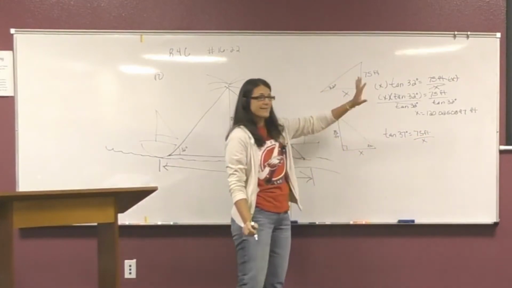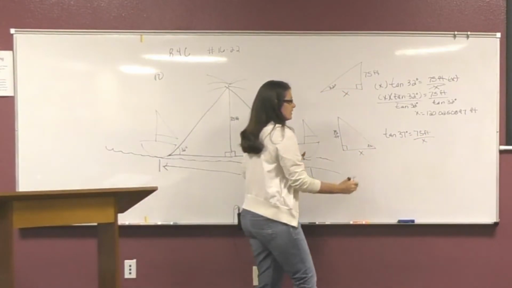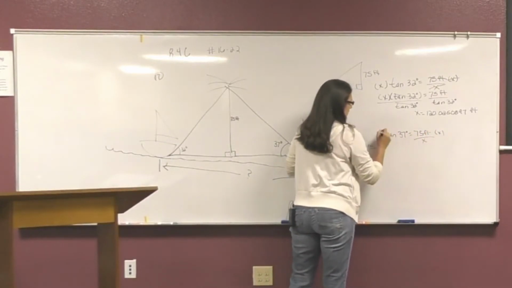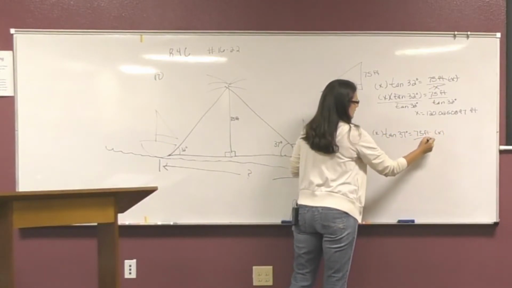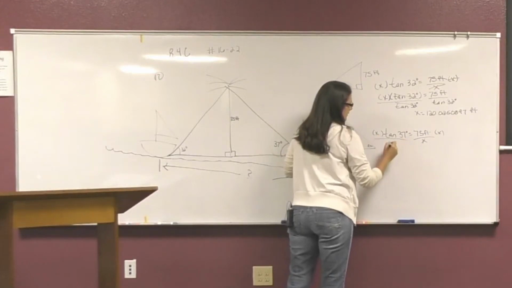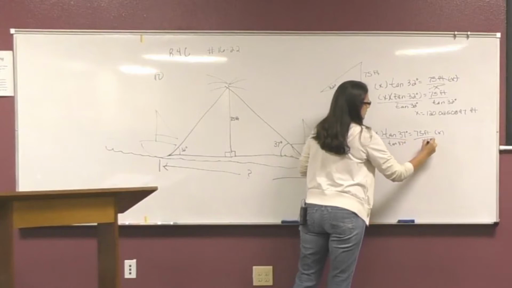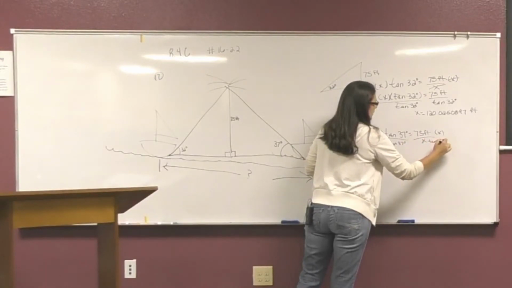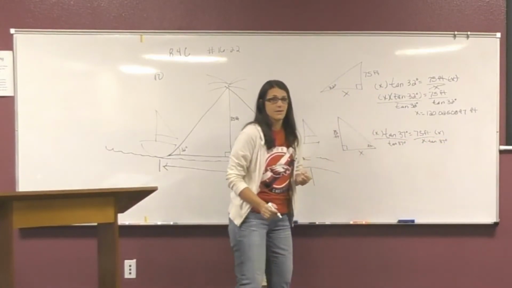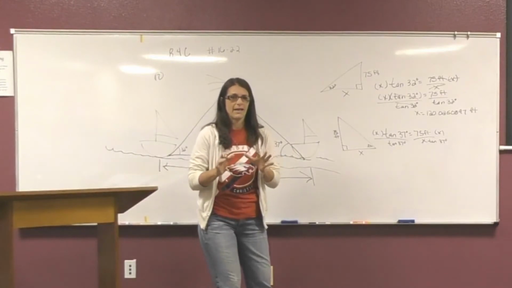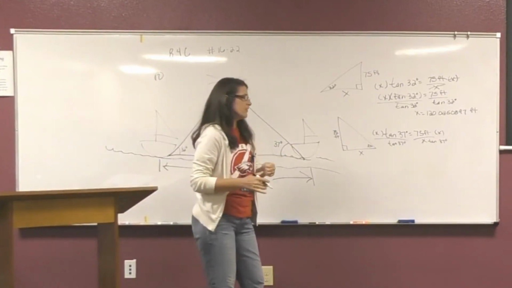I take the same exact steps here and multiply both sides by x. And then I'm going to end up dividing both sides by the tangent of 37 degrees. I'm going really fast and not writing out every step, but I'm pretty confident that you can follow.